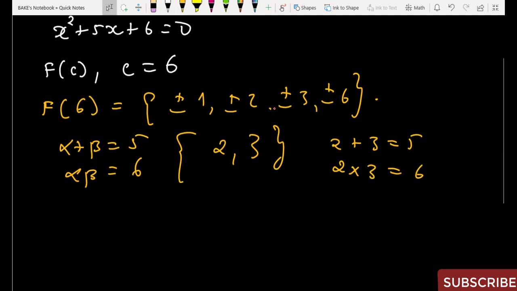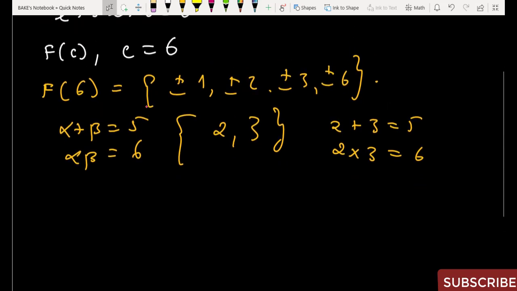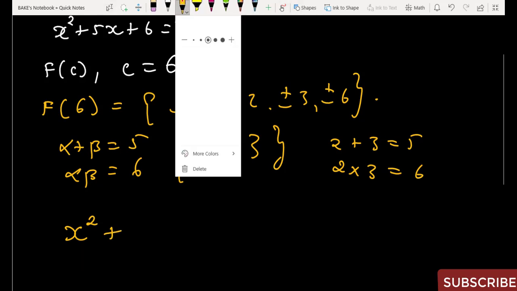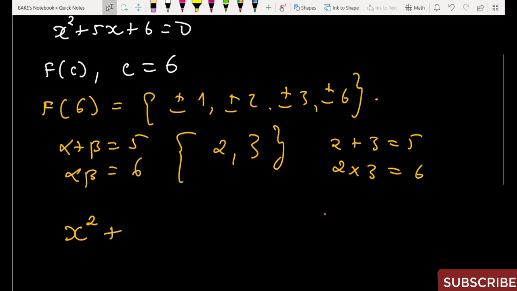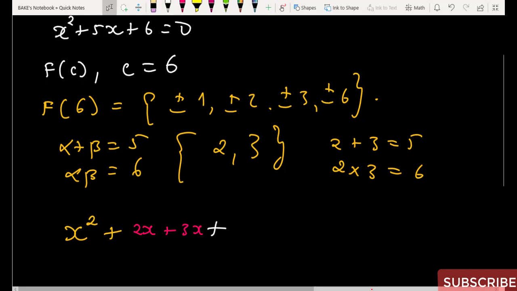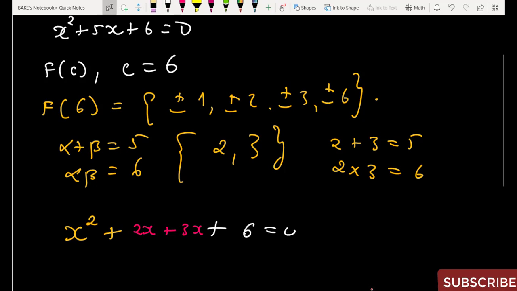And so the next thing we do is we simply replace our 5 with those two values, that's 2 and 3. So in other words, we have this as x squared plus, now we are going to get 5x. We are going to replace 5x simply by 2x plus 3x, and all of this plus 6 is equal to 0.